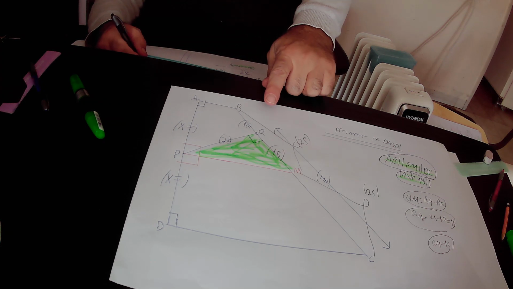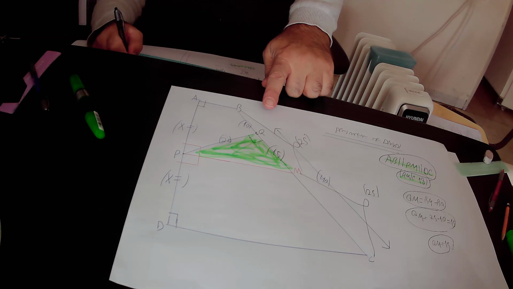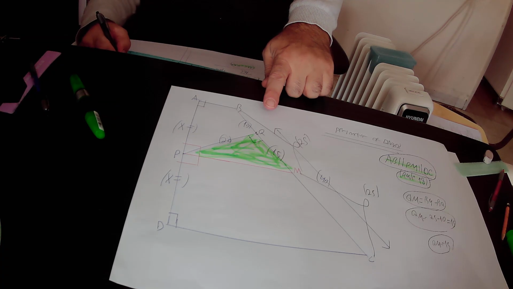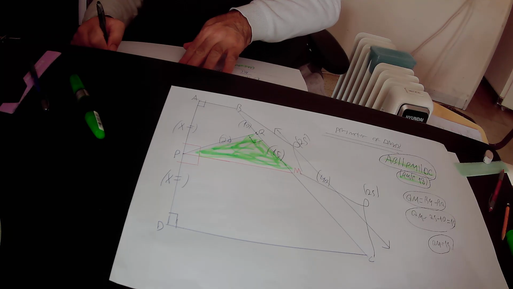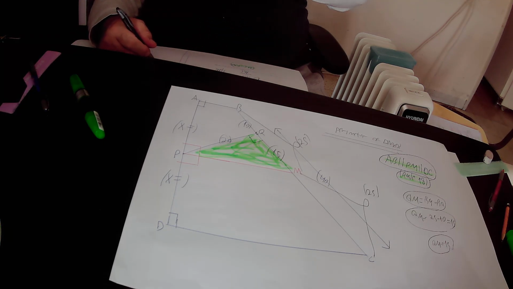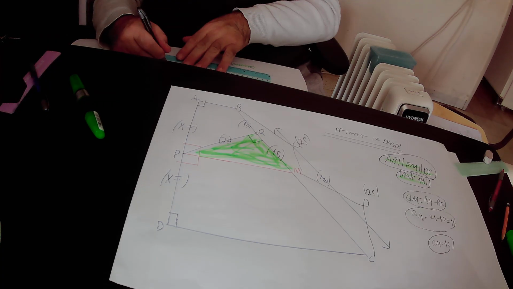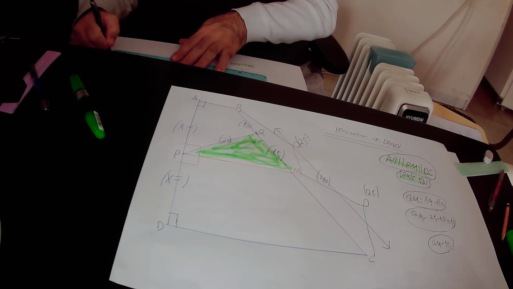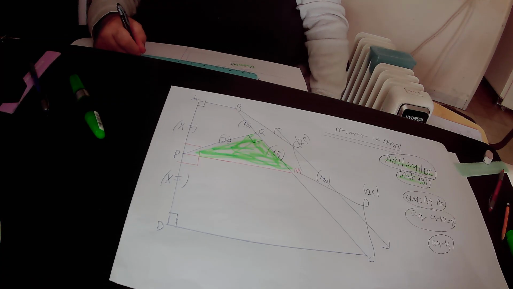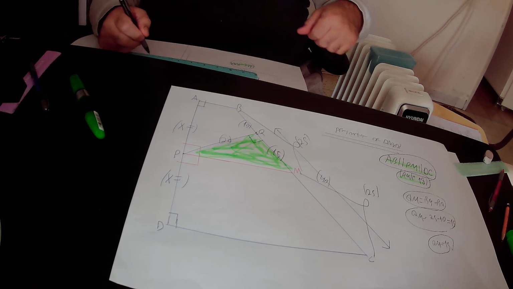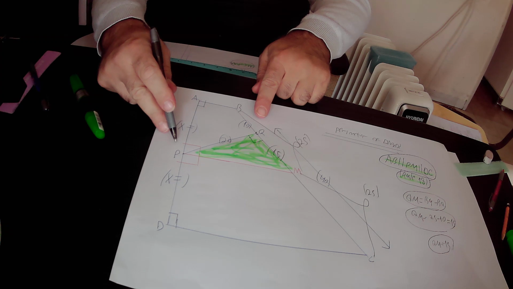So in this right triangle QMP, PM squared, that is the square of the hypotenuse, equals QM squared plus QP squared.